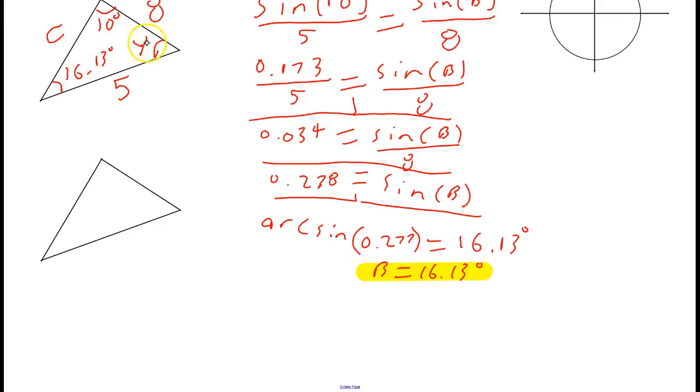Okay, and then we can find our third angle just by doing triangle sum. Easy enough. So 180 minus 10 minus 16.13 is going to tell us that theta is going to equal 153.87 degrees.